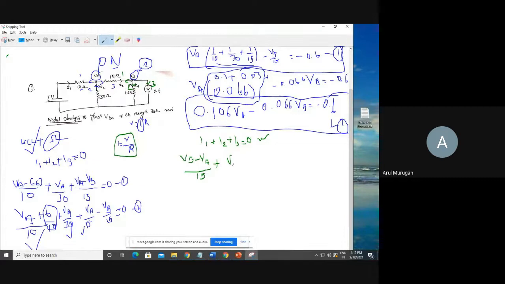Then I3. I3 is in the same direction, so plus 0.6. I don't want to substitute V by R, because I directly got the current value. I3 is 0.6. I will write that. That's all. Hereafter, you will simplify.